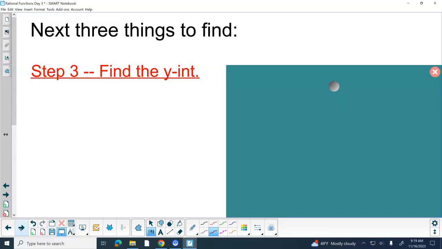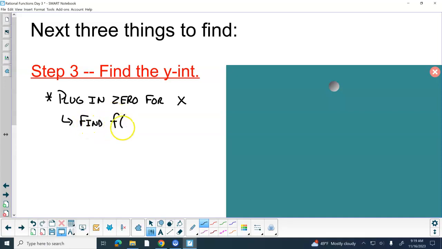The y-intercept is the easiest of the easy ones to find because you simply plug in 0 for x. So you're plugging in 0 in for x, or you're finding f of 0.